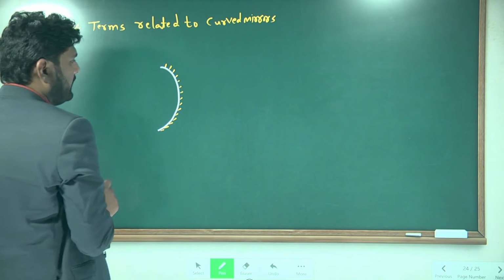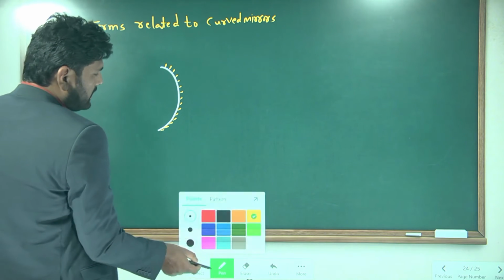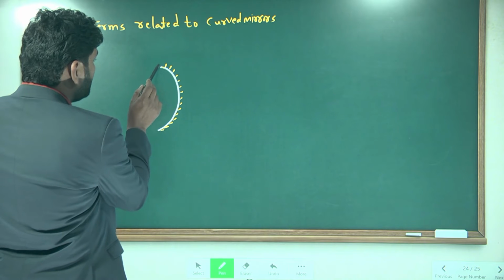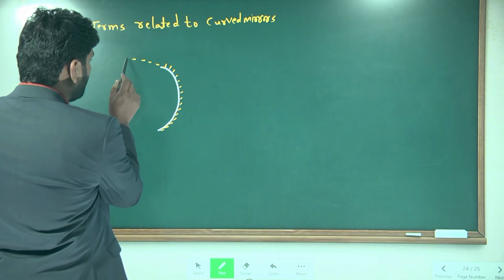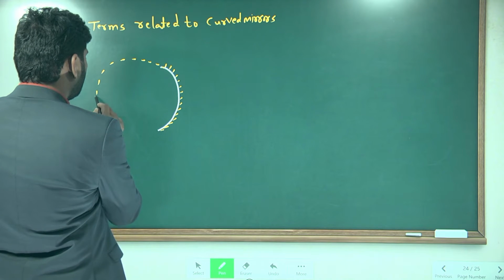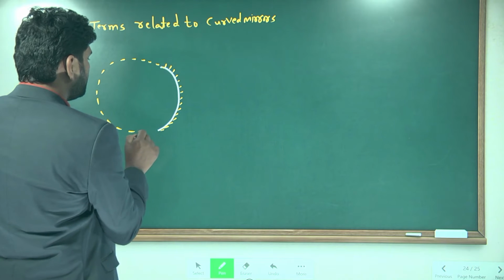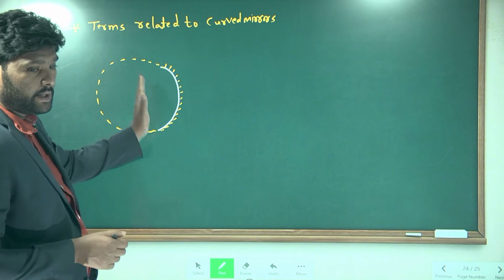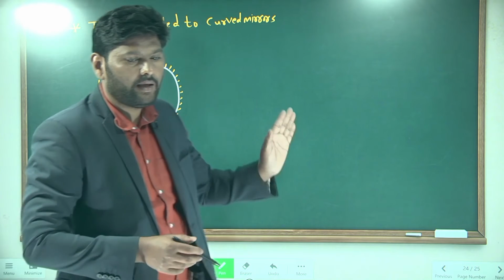Am I right? Actually this is a curved surface, a part of the sphere. Am I right or not? This is a curved surface, a part of the sphere. If you cut this part, it acts like a mirror.